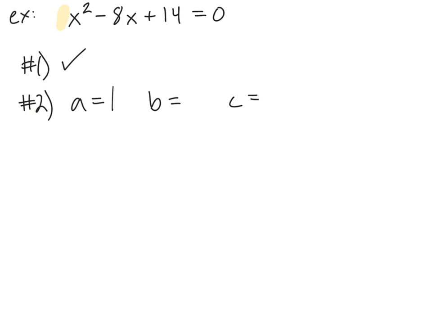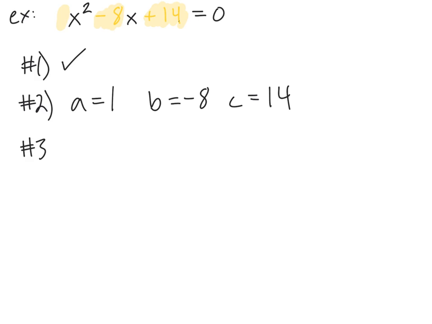Looking at B, B is the coefficient of the linear term, and that would be -8 in this case. Remember to take that negative with the coefficient. And then finally C is going to be the constant term, and in this case the constant term is 14.